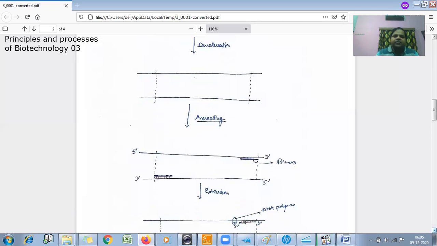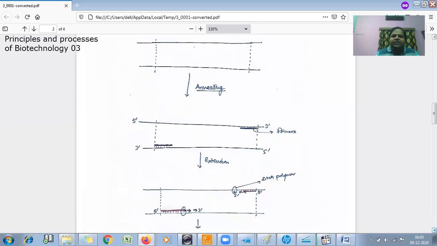When we provide 60 degrees centigrade, this condition helps the oligonucleotide or primer to bind its complementary region. So the primers will scan their complementary region in genomic DNA and they will bind.